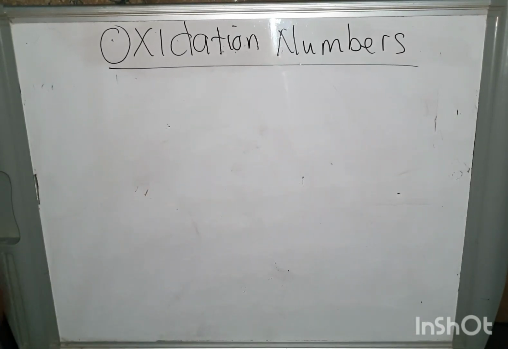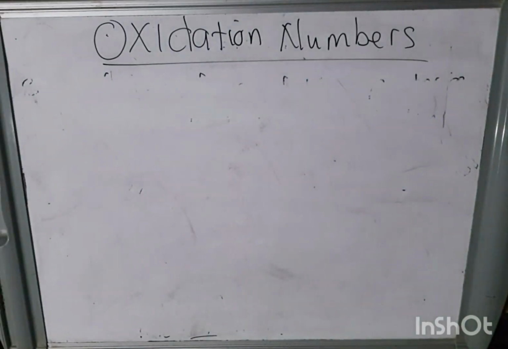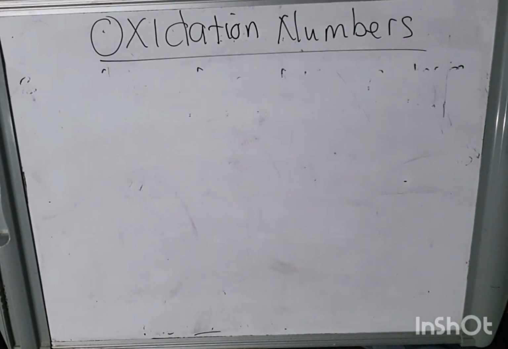Okay, so question 1, determine the oxidation number of carbon in carbon dioxide. We continue with oxidation numbers. Now we'll be looking at examples on how to calculate the oxidation numbers of certain elements from compounds.